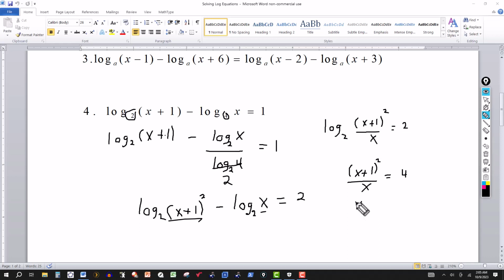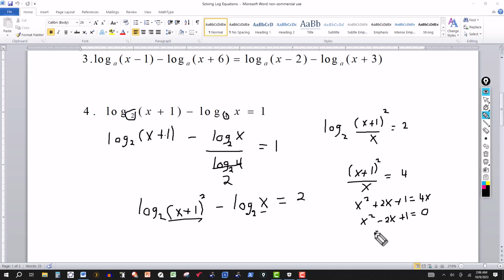So let's just go ahead and square this and multiply by x here. This will be x squared plus 2x plus 1 is equal to 4x. Then we subtract 4x from both sides. This is x squared minus 2x plus 1 equals 0. Okay, brought the 4x over, subtracted 4x from both sides.